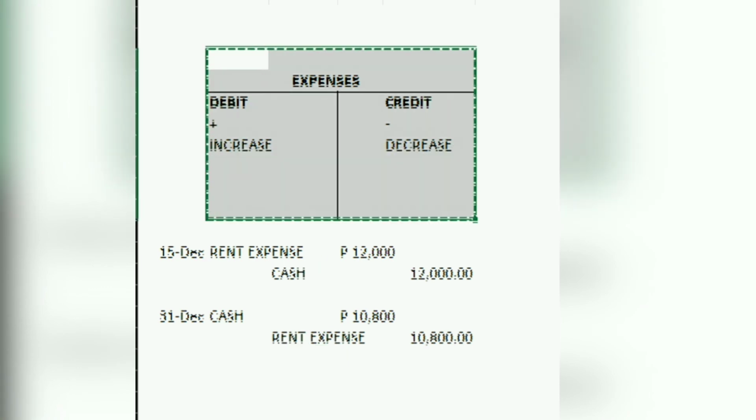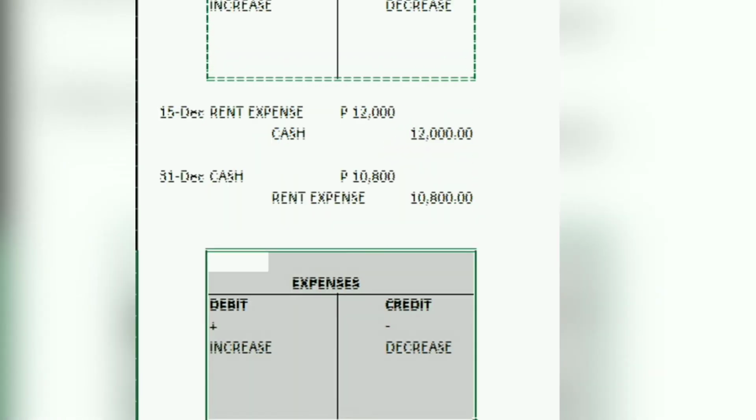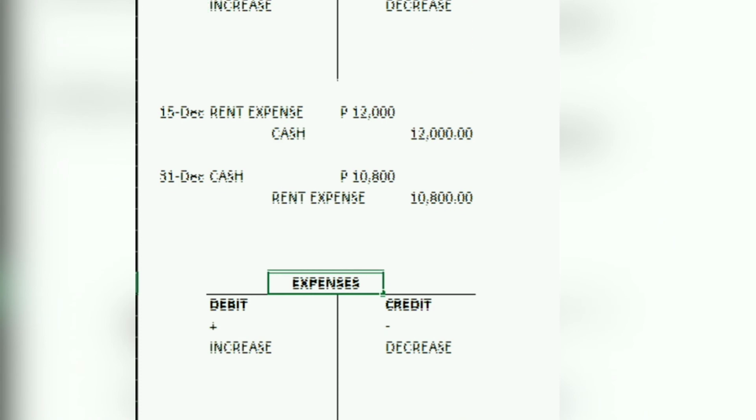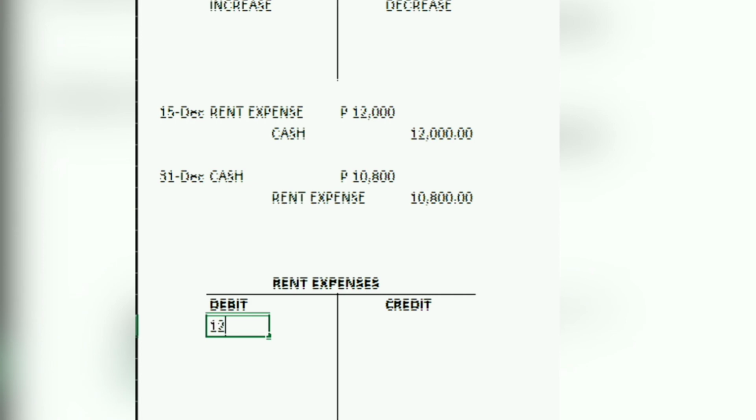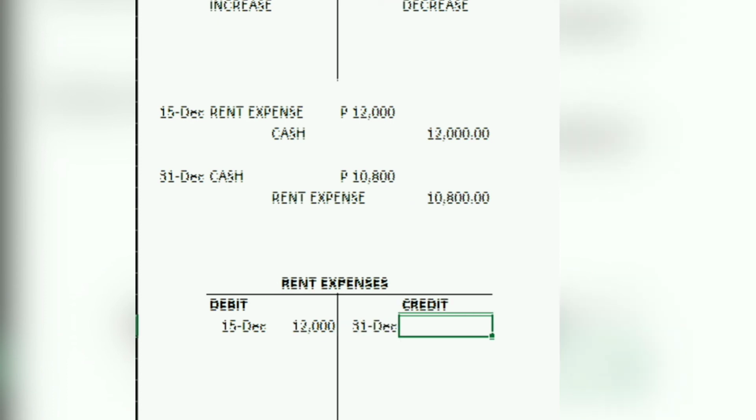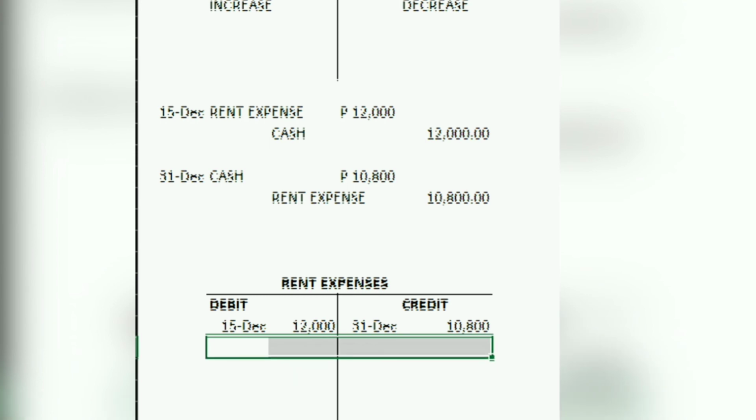So, upon correcting, and kung ititi account natin si rent expense, first we have a debit on December 15 na 12,000. Tapos, credit na December 31 na 10,800.